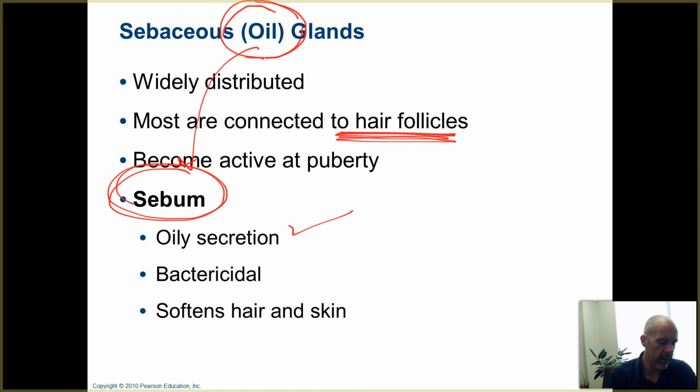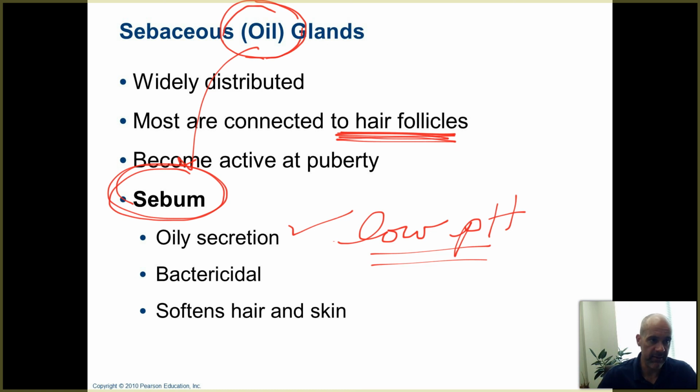Your skin oil has a low pH. It's an oil, it's a lipid, so it has a lot of fatty acids in it that helps lower the pH at the surface of your skin, which is a good thing because it helps control the growth of bacteria on the skin. Bactericidal means it kills bacteria.